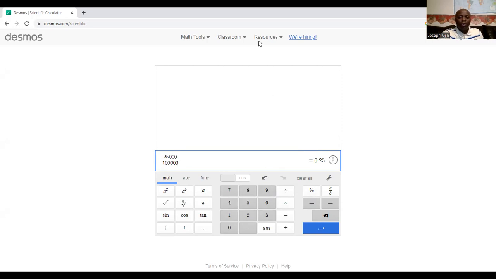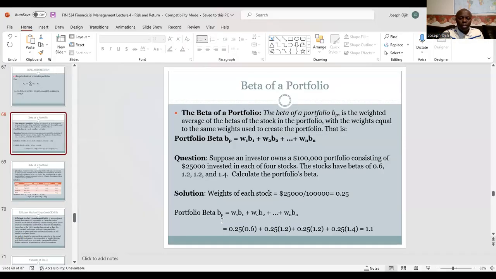And they gave us the beta for each of these stocks. So let us apply the formula here to find the beta.